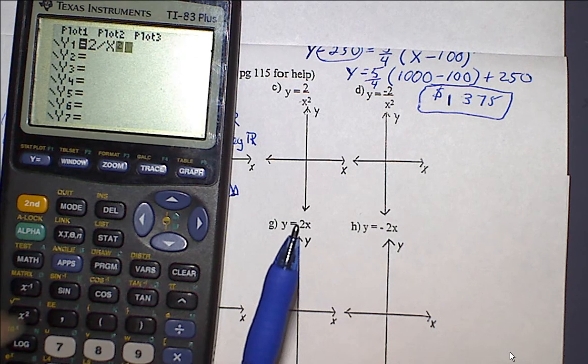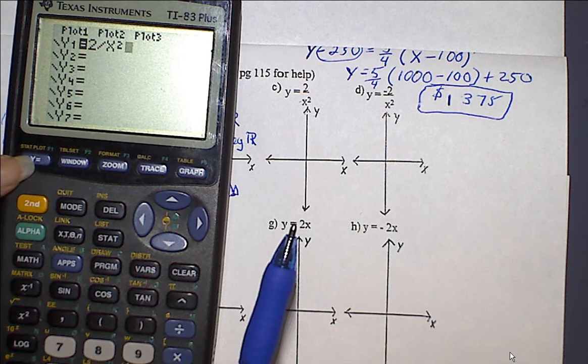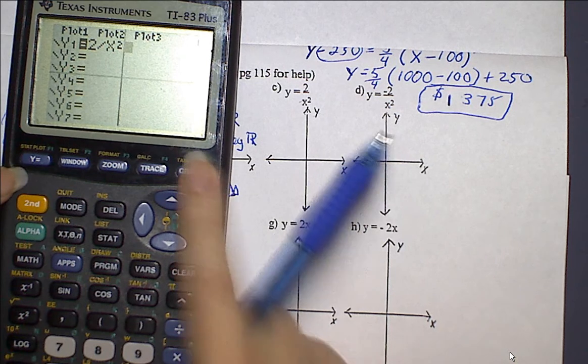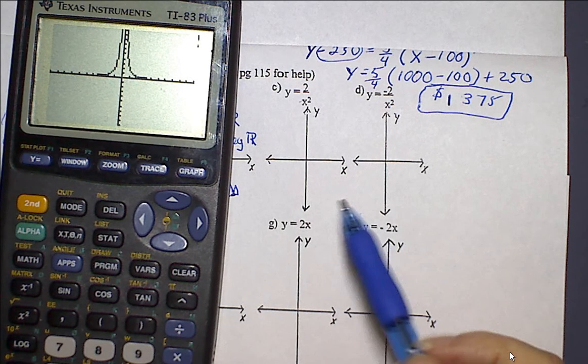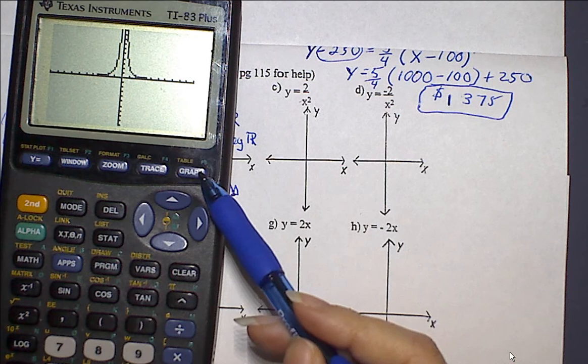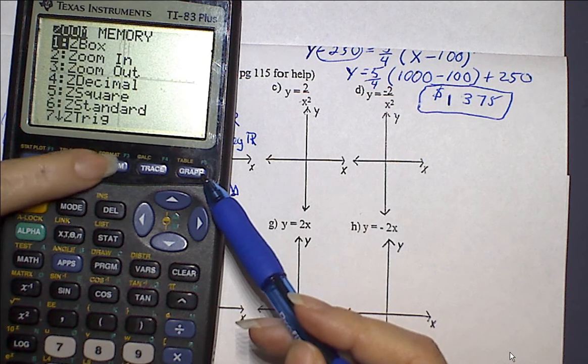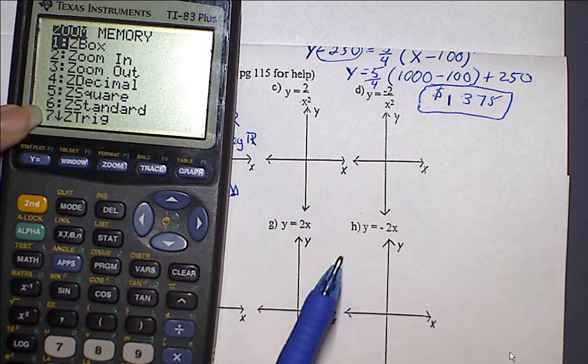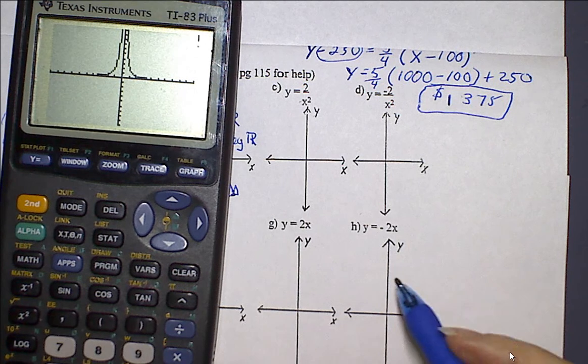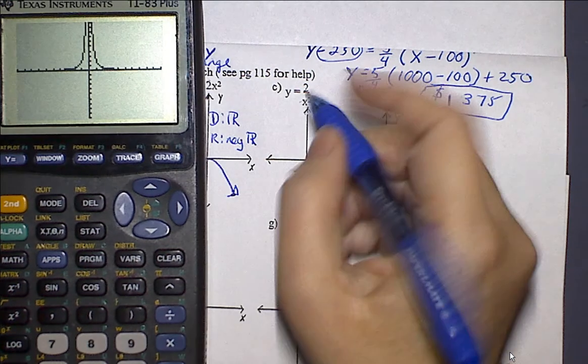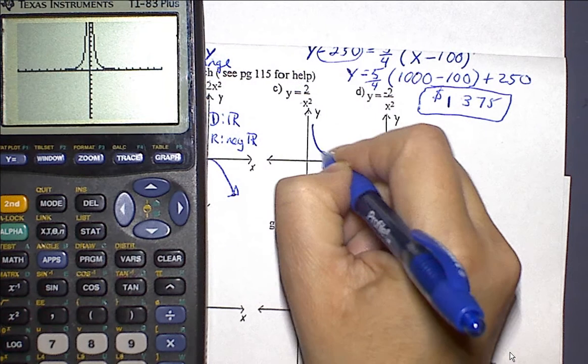And that's the y equals. So then you just hit graph. If for some reason your graph does not work, if it says anything, remember you always want to try zoom 6, which is standard. So then it graphs. So that's what our graph looks like.